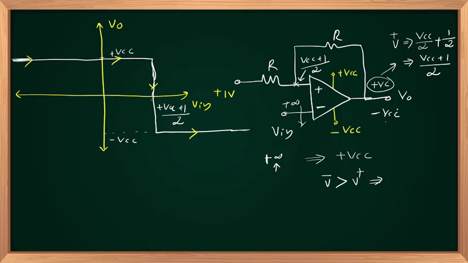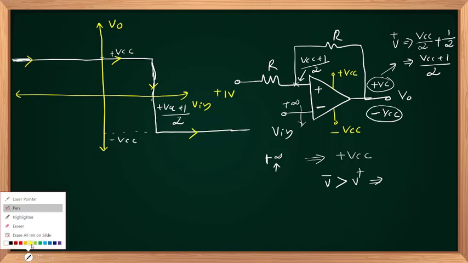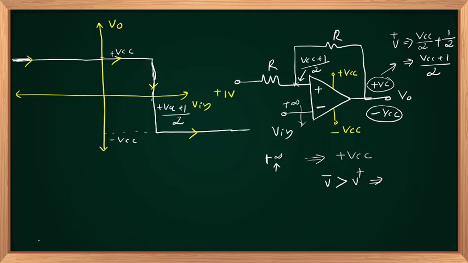The moment Vout is at minus VCC, you will have a V plus that's equal to minus VCC divided equally. So V plus under this condition is equal to minus VCC upon 2, and this plus 1 DC volts divides equally between resistors.